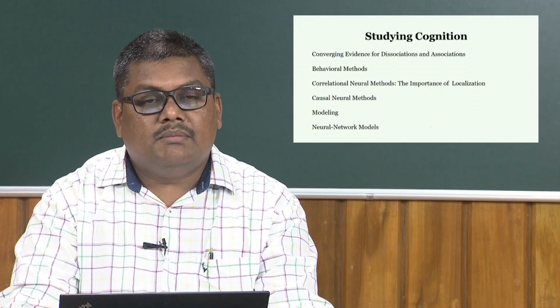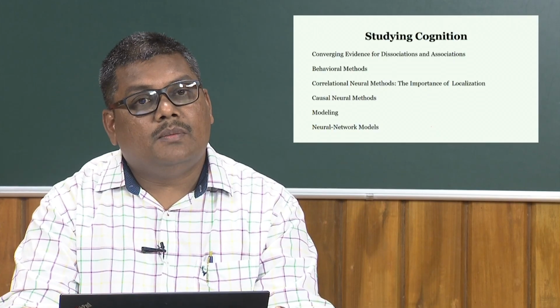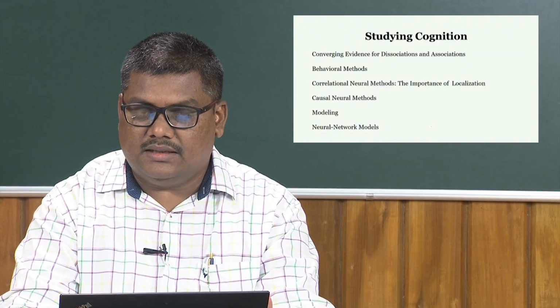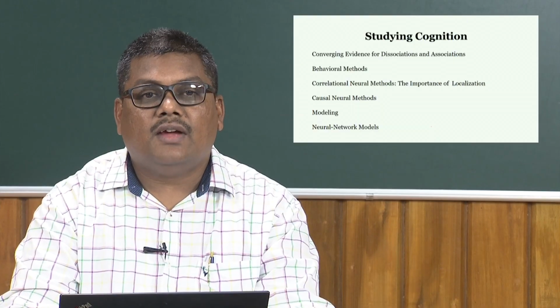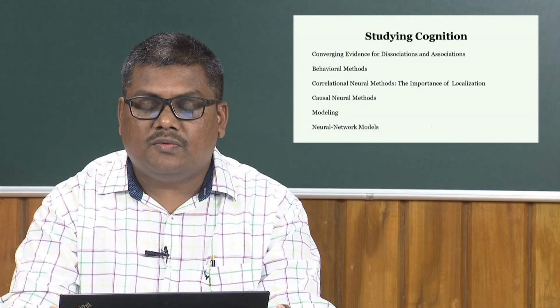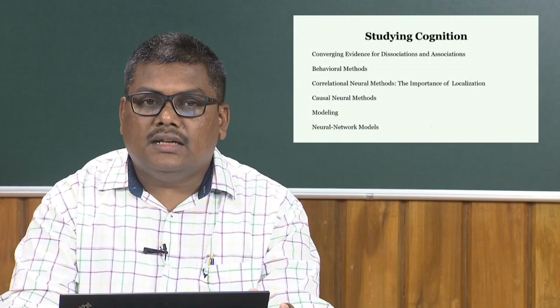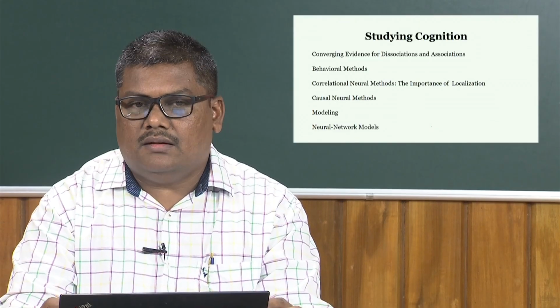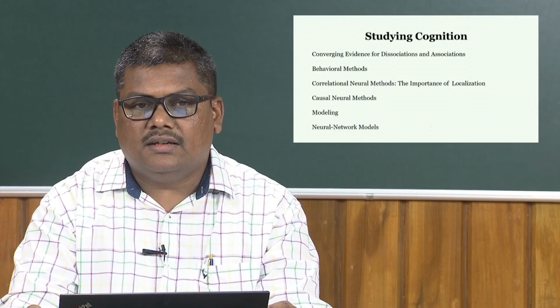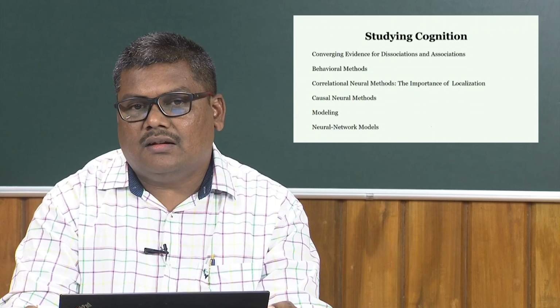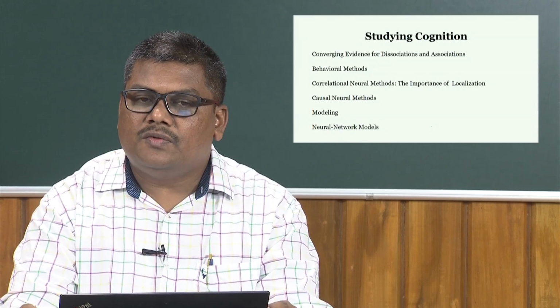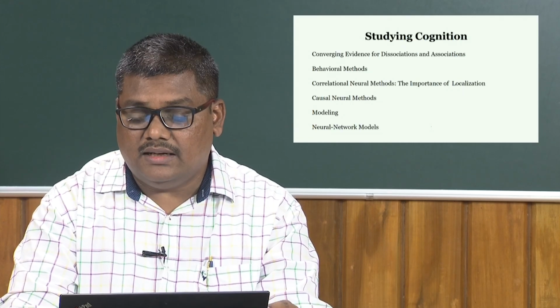Now, these methods all have their own problems and limitations, and a complete or perfect method to study cognition would take into account the inputs from all these methods. Why should we do that?